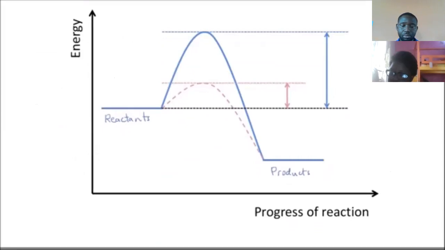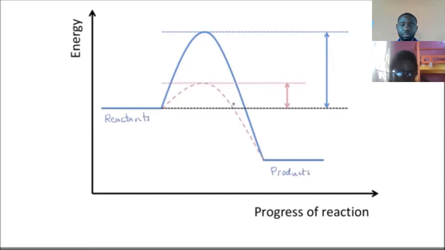The graph shows the activation energy of a reaction. We have the reactants to start off with, and at the end we have the products. And this blue curve shows how much activation energy the reaction needs in order to take place. So this blue arrow here shows us the activation energy for this reaction.